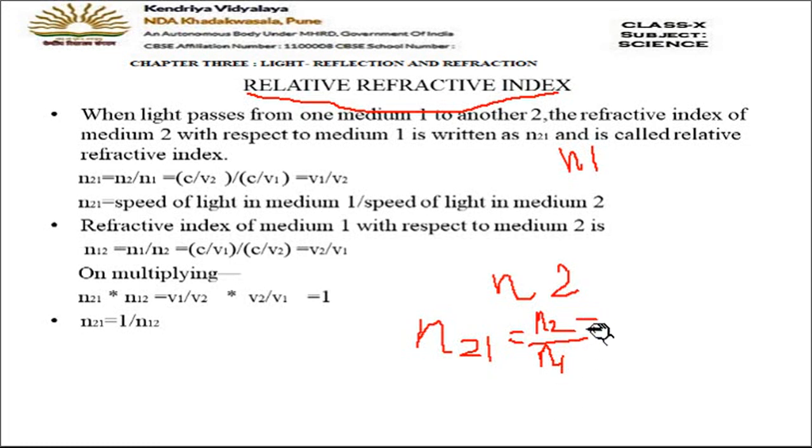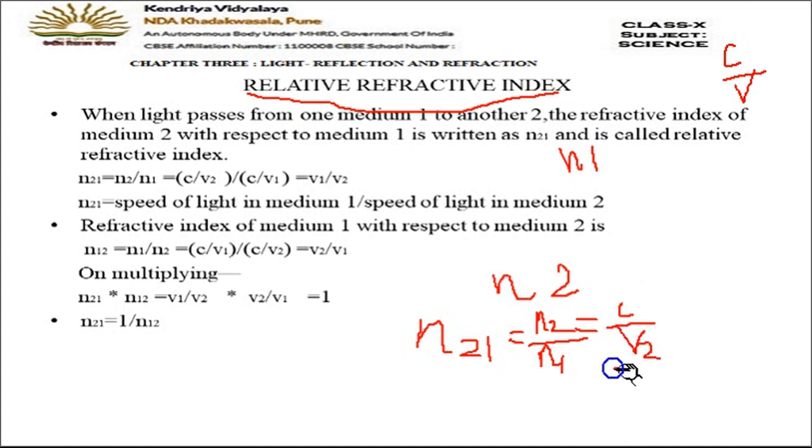Now putting in the values, what is n2? n2 means the refractive index of medium 2, and we have studied that refractive index means c by v. Putting the value of n2 here, this is medium 2, so we take v2, and the value will be c upon v2.